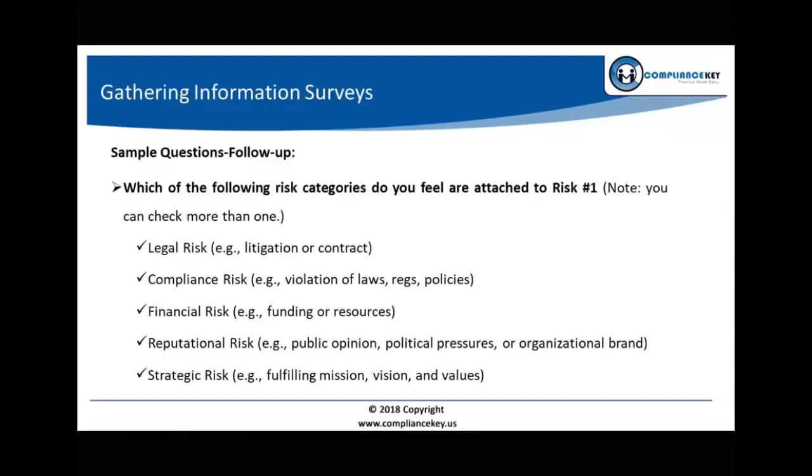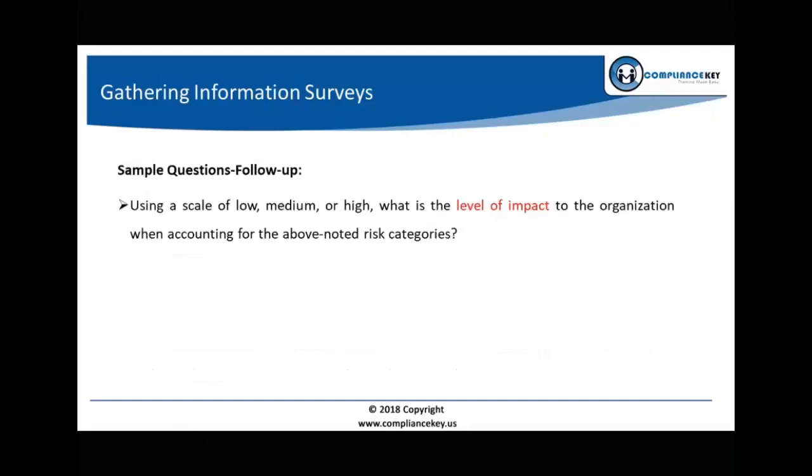But when you include this in your survey questions, it gets that respondent thinking about the types of things that might trigger a thought that might not otherwise occur if you didn't include these risk categories. And there'll be some scoring involved with the risk categories, which we'll get to a little bit later on.